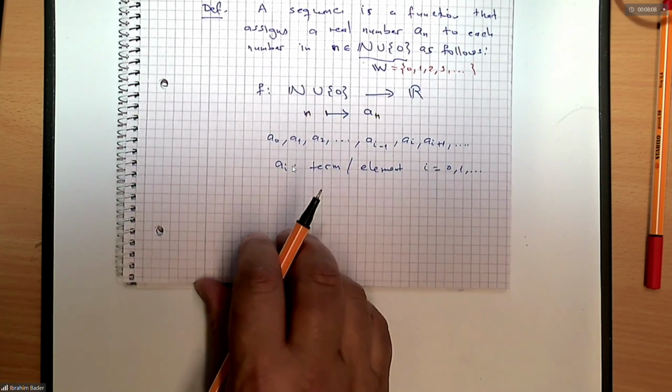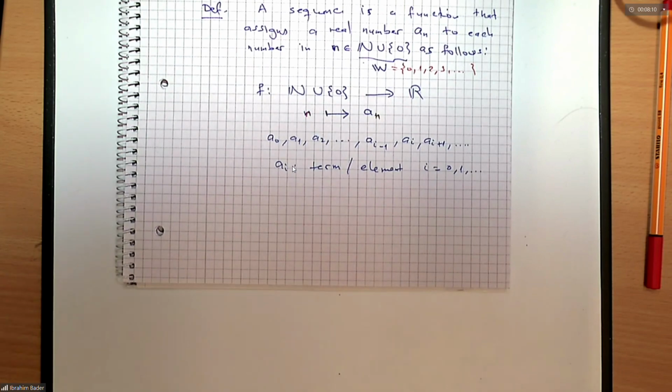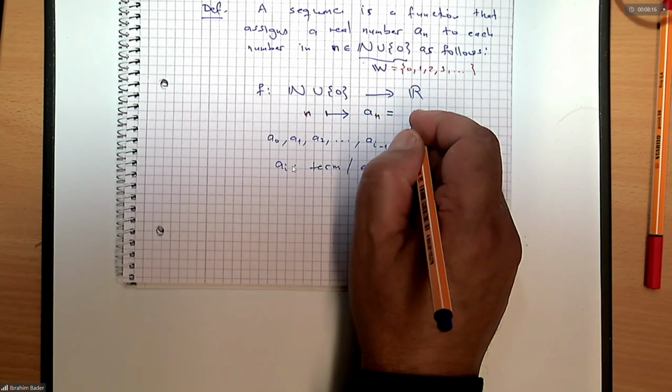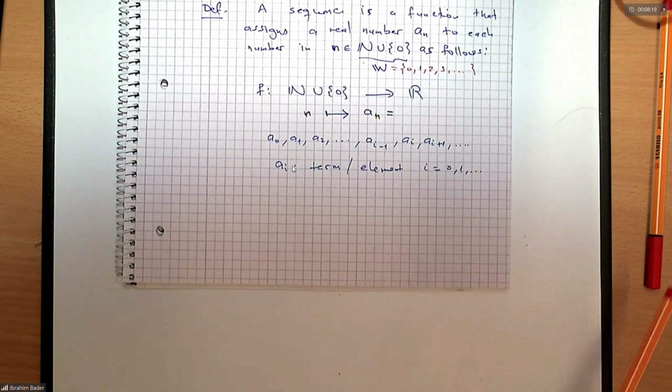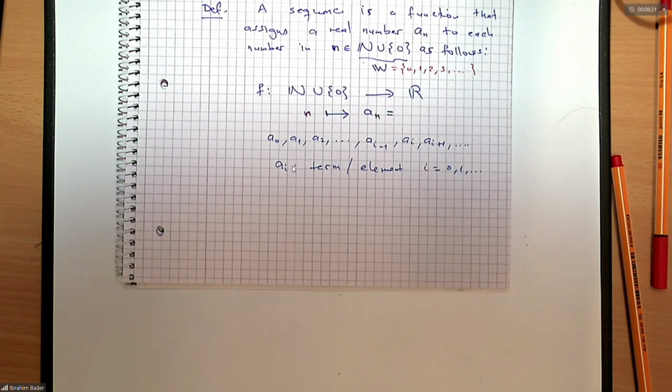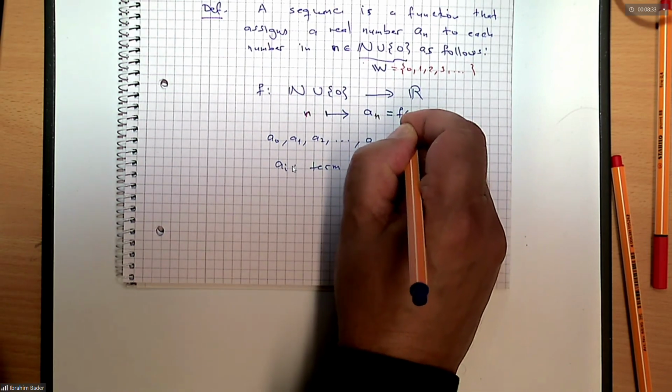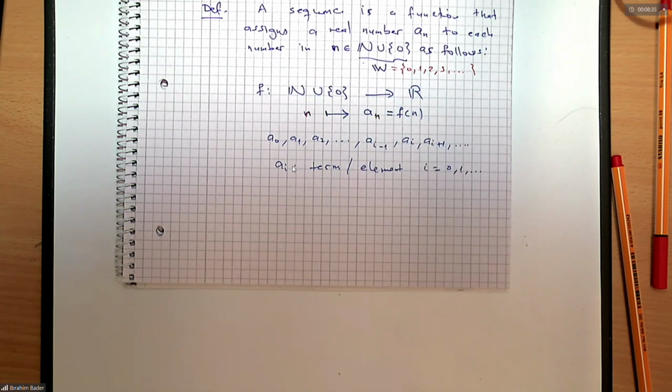Okay, now you see here, this is a function. And one way to generate the elements of the sequence, you know, at the beginning of this lecture, I gave you a sequence and you were guessing, so informally. You were trying to find a relationship between the successive elements and so on. Now, there are two ways to generate the elements of a sequence. One of them is if we just give the formula for that, right?